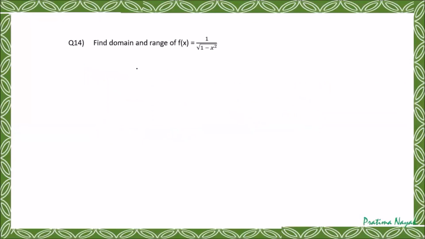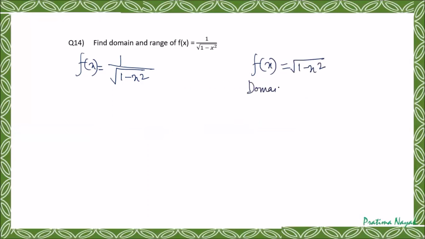Next is 14. If it is 1 by under root 1 minus x square, we have already discussed fx is equal to under root 1 minus x square. Let me compare the difference between these two. Here, what was the domain? Domain was minus 1 to +1, and the range was 0 to 1.